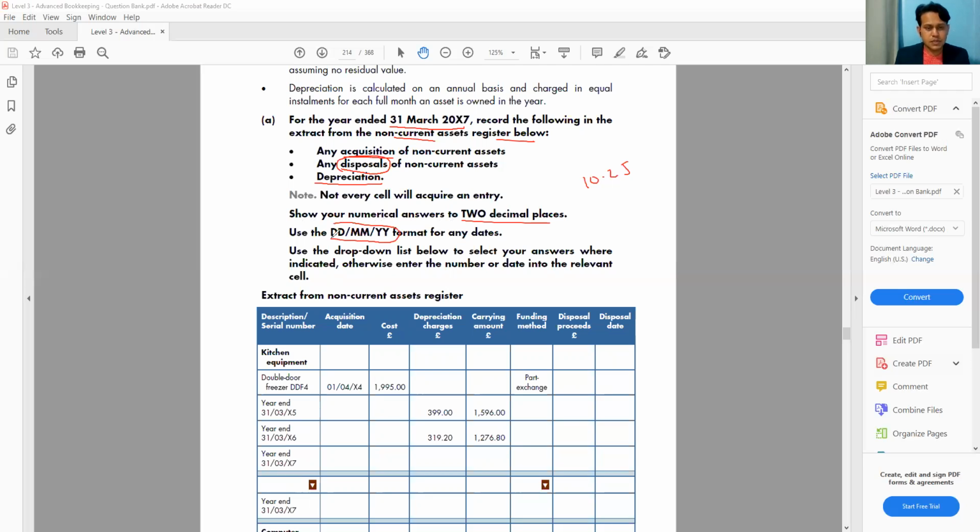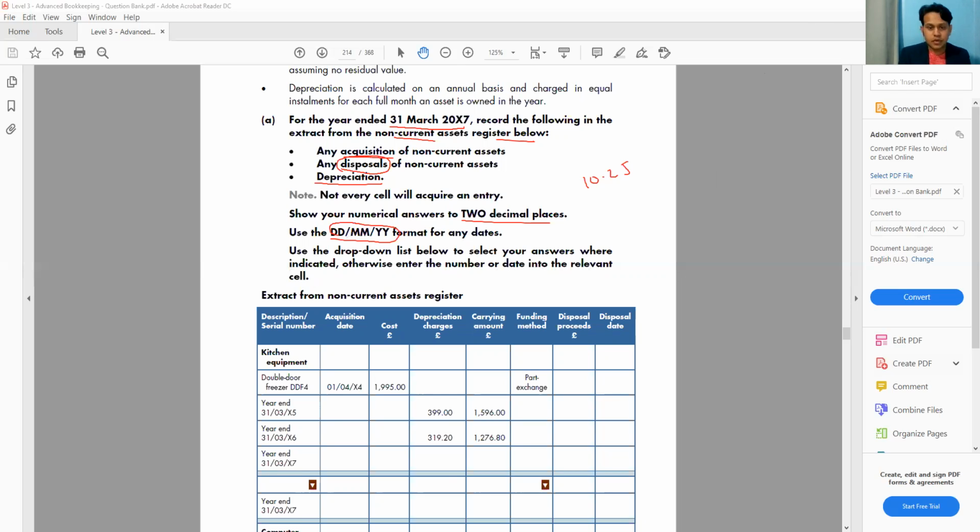This one is not very important because you really don't have to type. On the exam, you pick from the calendar, so it will be done automatically. Use the drop-down list below to select your answer where indicated. Otherwise, enter the amount or date into the relevant cell. So if you find a drop-down list, pick from there. Otherwise, just type it yourself.